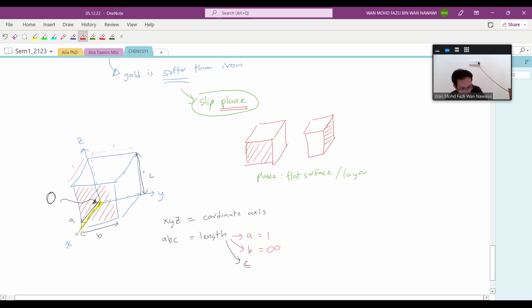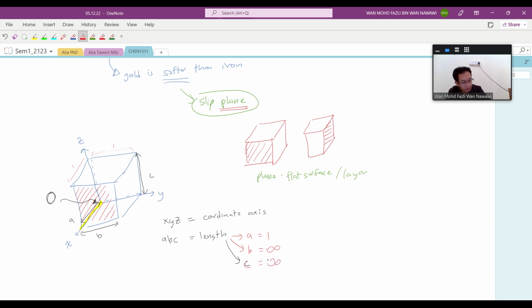If you look at C here, C is basically the height. The origin doesn't meet the height of this plane that we shaded with red here in the front.